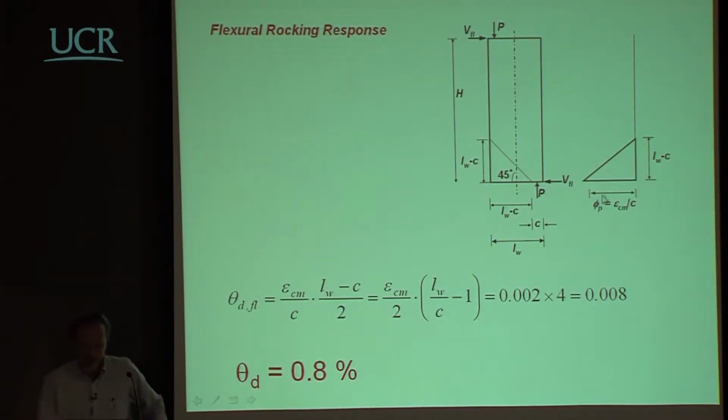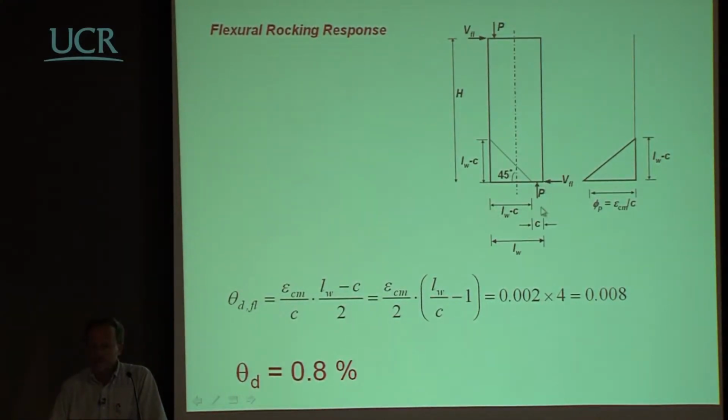Well, if you do something like this, you will find out that this curvature diagram has one dimension, which is the width minus the compression area, actually half the width minus the compression area, which is this part here. And in terms of curvature, the curvature will be once more a function of the deformation capacity in compression of the masonry divided by the depth of the compression zone, this part here.